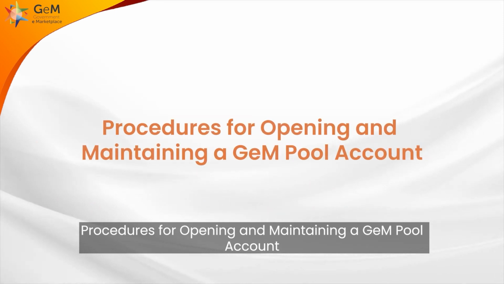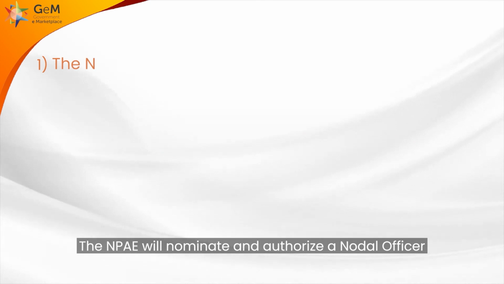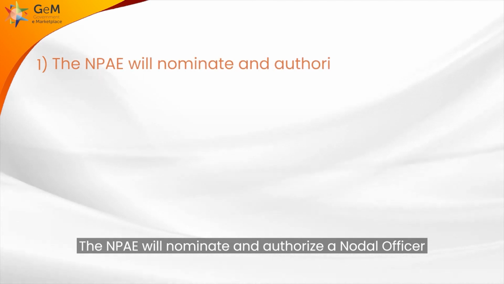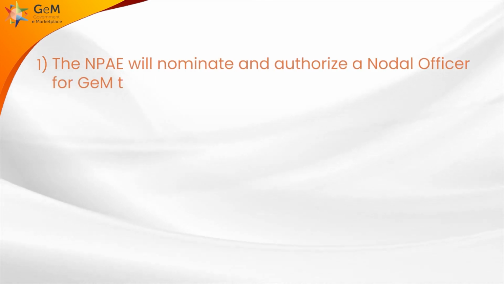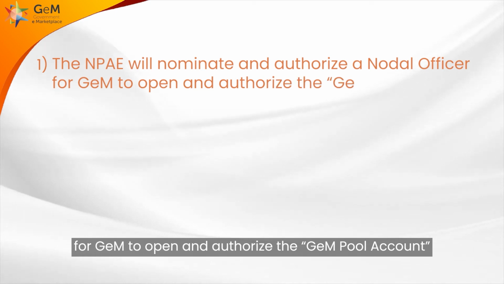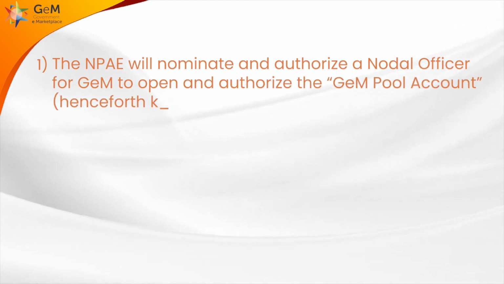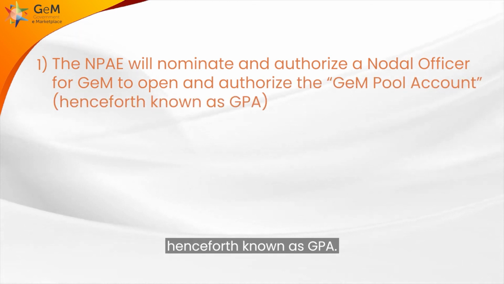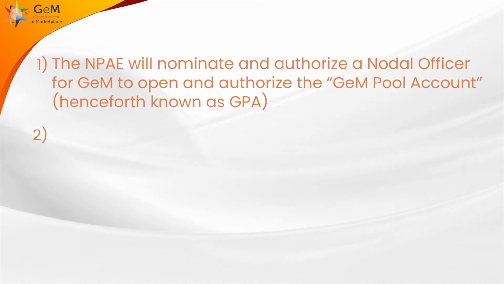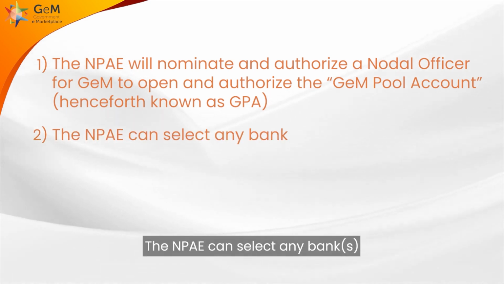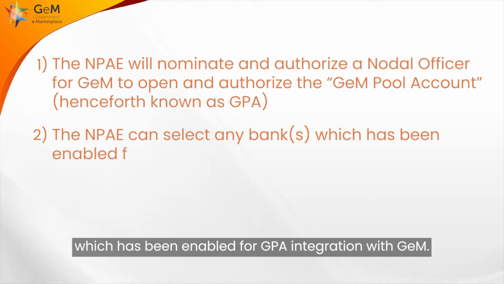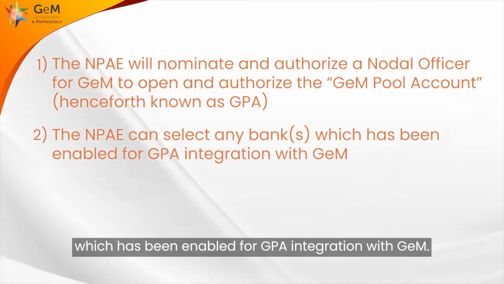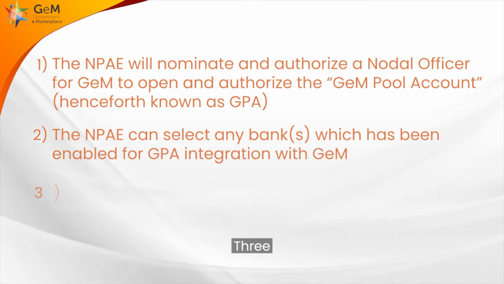Procedures for opening and maintaining a Gem Pool account. 1. The NPAE will nominate and authorize a nodal officer for GEM to open and authorize the Gem Pool account, henceforth known as GPA. 2. The NPAE can select any bank which has been enabled for GPA integration with GEM. 3.